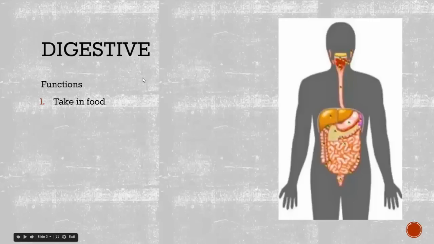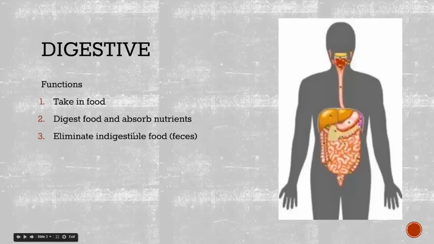Our second, it's not just eating the food, but then we have to digest the food and absorb its nutrients. We break it down into smaller bits and pieces so that we can absorb it into our body, so we can use those nutrients to help us grow and function. Then, the most unpopular part of it all, when you're done eating all that food, some of it still comes out as your feces.